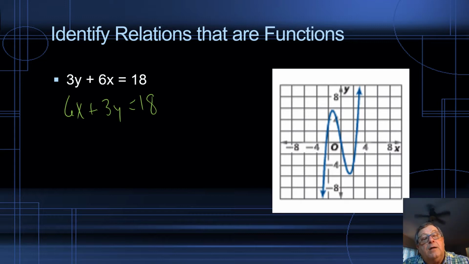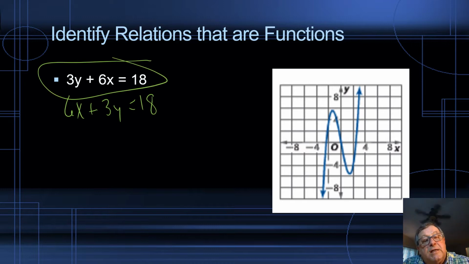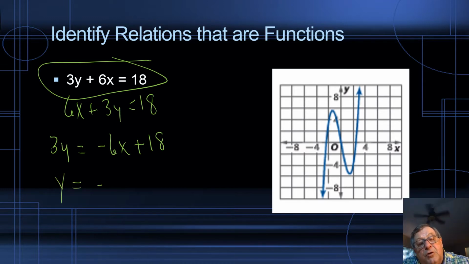So let's see, how would I do that? Going back to this equation right here, let's subtract 6x from both sides. So we got 3y equals -6x plus 18. And then we're going to divide everything by 3, to isolate the y. And so now we got y equals -2x plus 6.